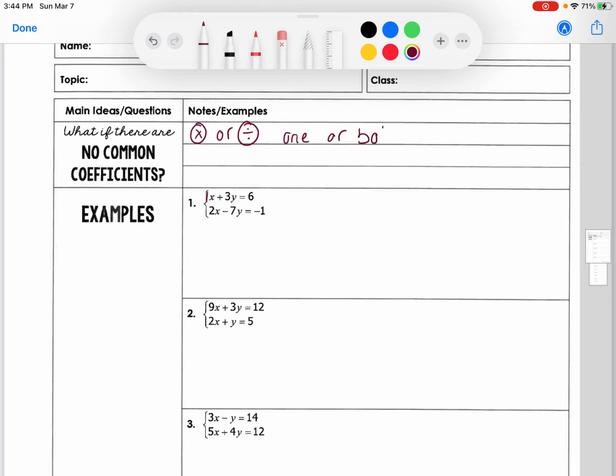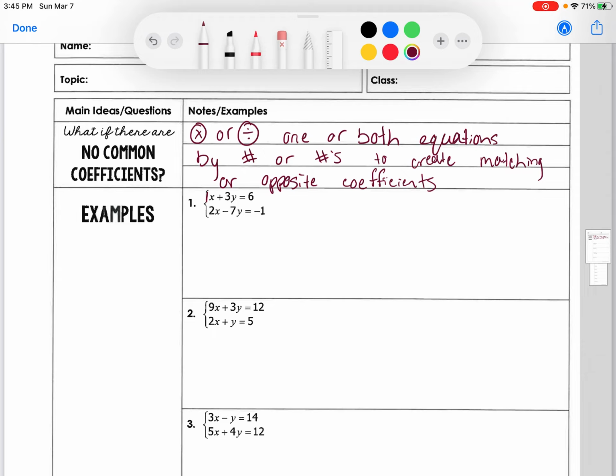So you can multiply or divide one or both equations by a number or numbers, if you're multiplying 2 equations, to create matching or opposite coefficients.